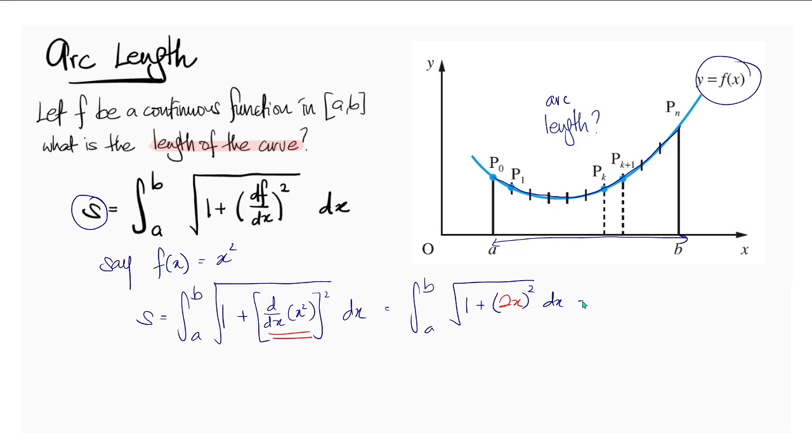This will become the square root of 1 plus 4x squared. So evaluate this integral, and then you'll find the arc length of this function from a to b.